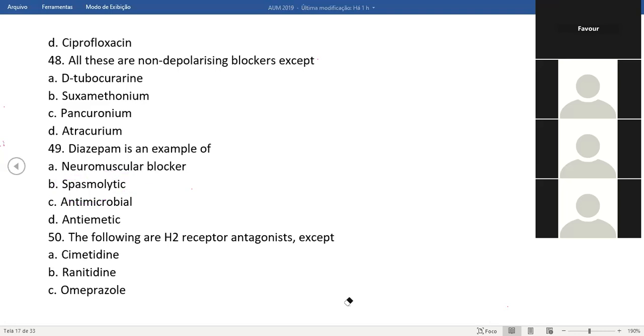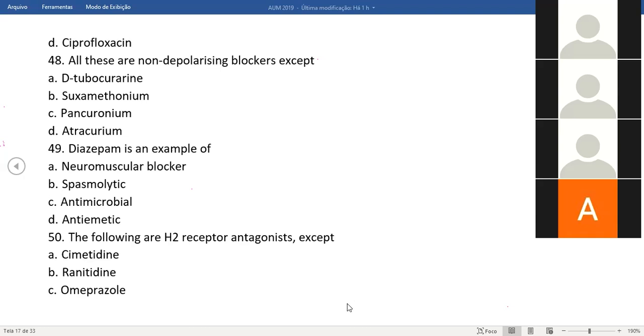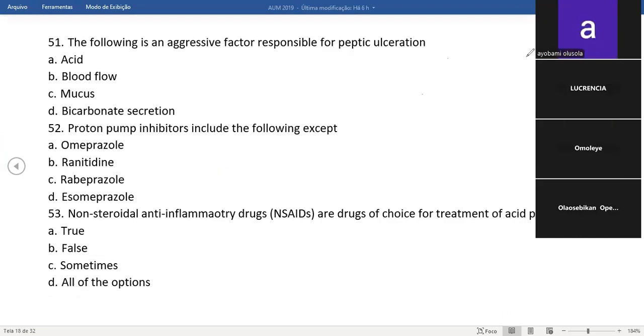The question we treated, the following are H2 receptor antagonists except omeprazole. The following is an aggressive factor responsible for peptic ulceration.